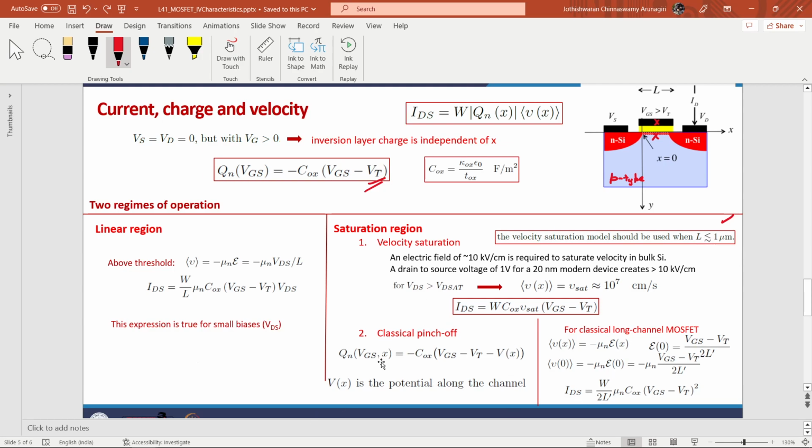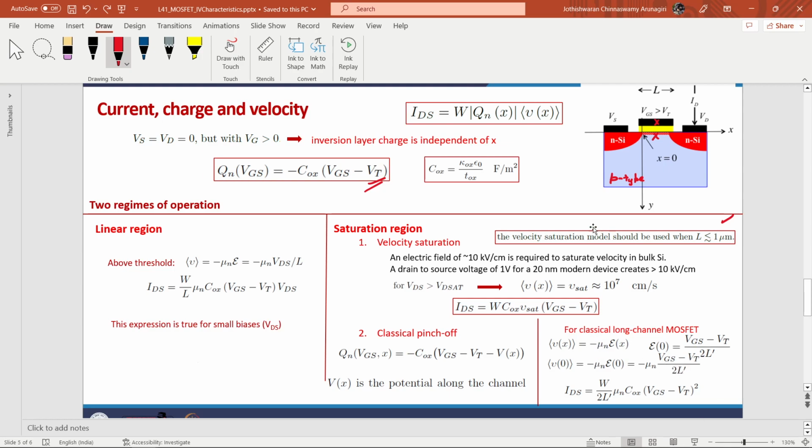Typically speaking, pinch off is analyzed by incorporating the effects of the drain source voltage on the potential in the y direction. So we represent it as such, and these are the typical expressions for long channel MOSFETs for the current and voltage relations, and so this is VGS minus VT.